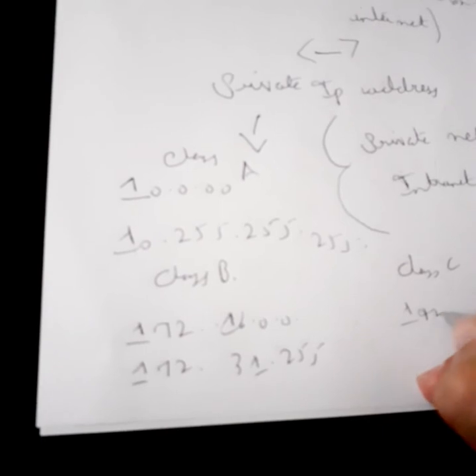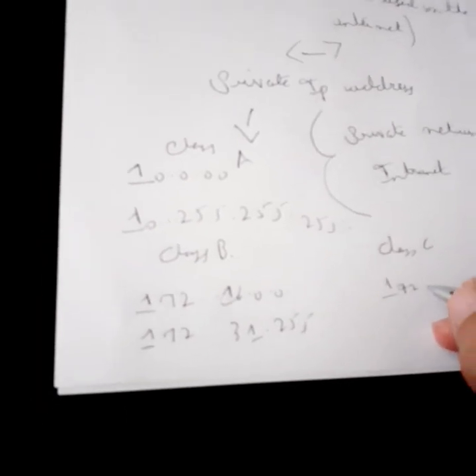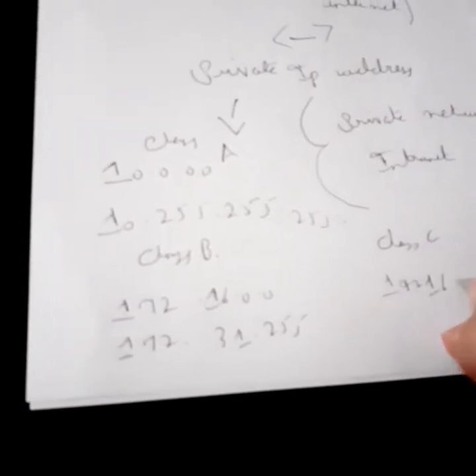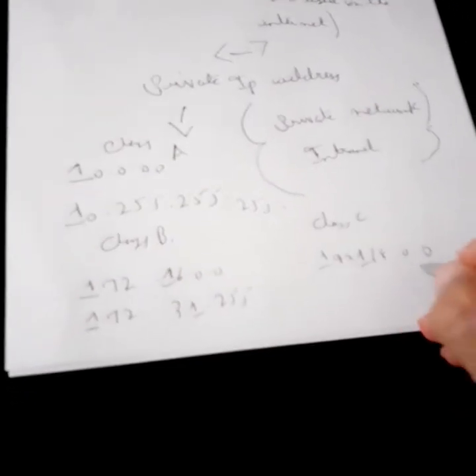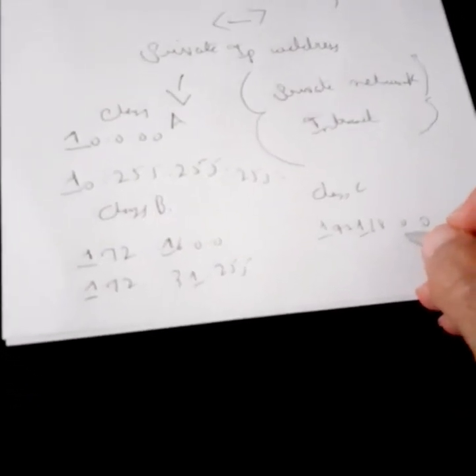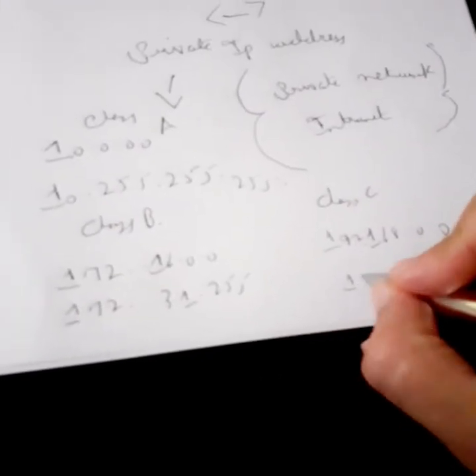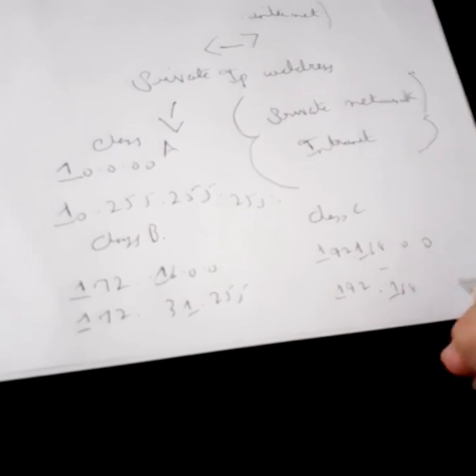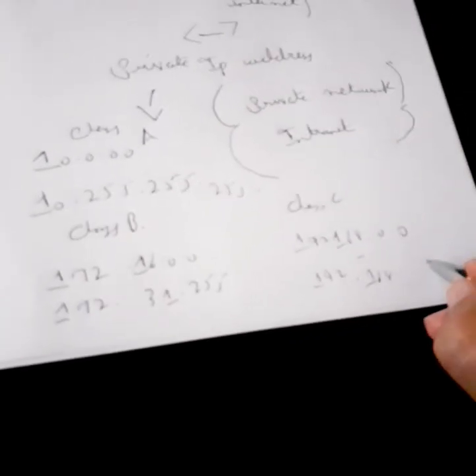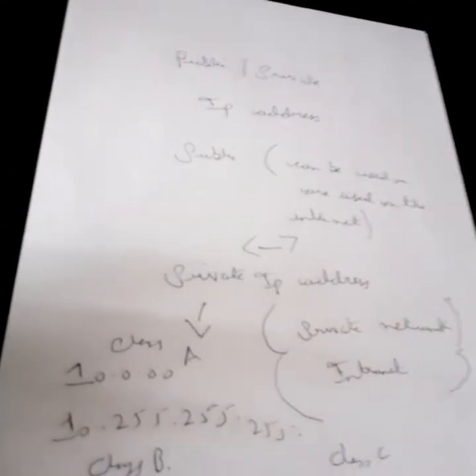So just for the need, I'll mention the class C private range as well. That's going to be 190.168.0.0, and it will carry on till 190.168.255.255. Right, this is a logical topic.